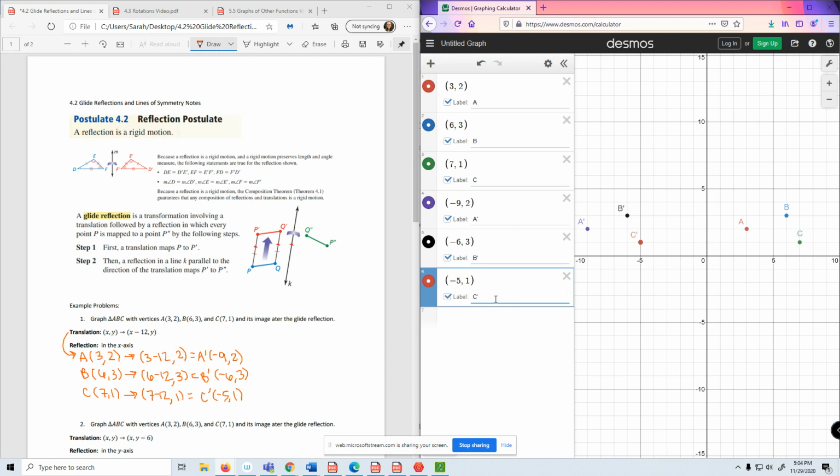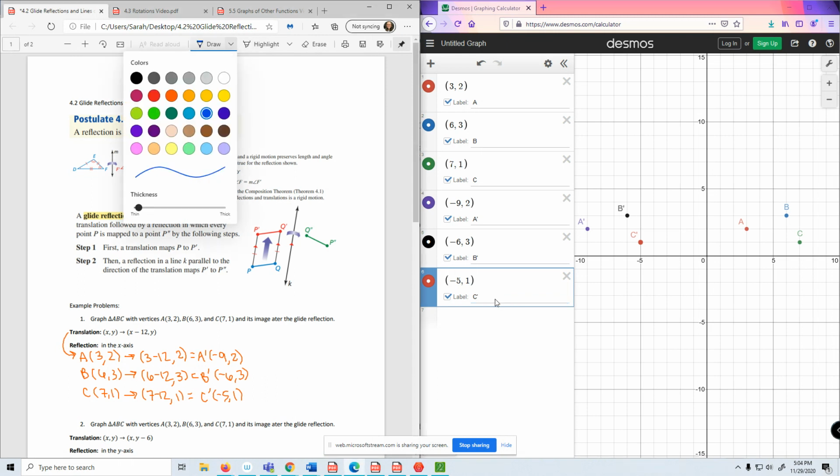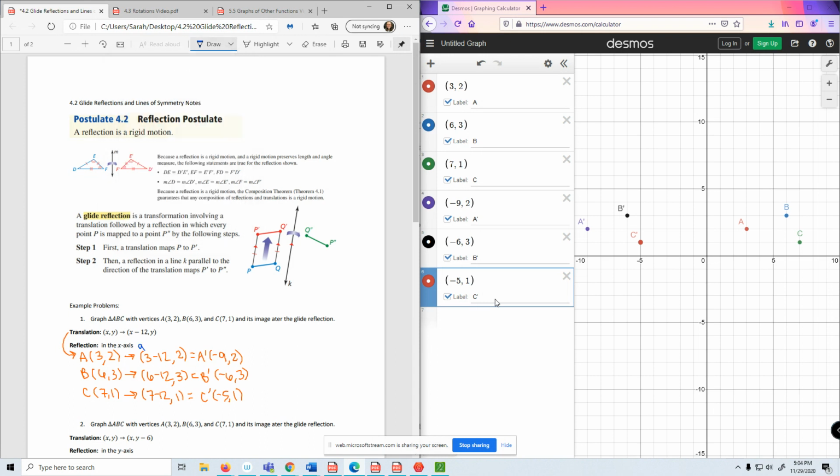Okay, we're not done yet though. We've done the translation. The other part we need to do is reflect in the x-axis. So think back to what we did in the last set of notes. When we reflect in the x-axis, (a, b) turns into (a, negative b). So your x-coordinate stays the same, your y-coordinate becomes negative.